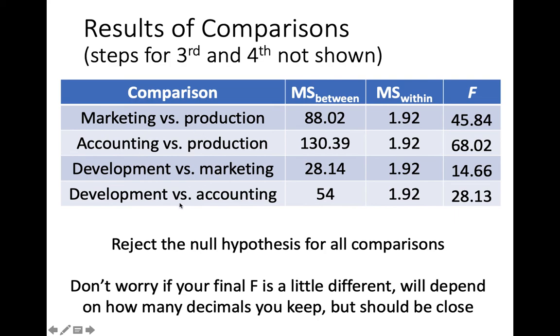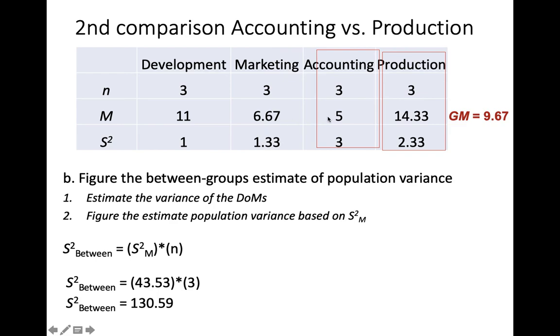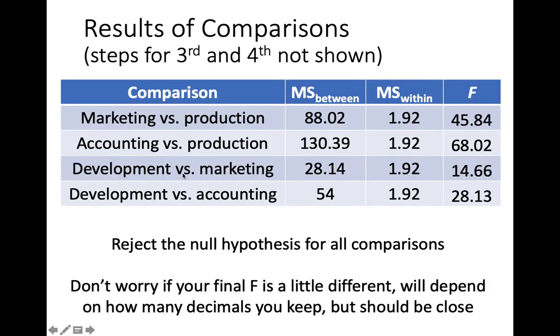It's necessary to say these are significant differences because production has a more favorable attitude than marketing. Production has a more favorable attitude than accounting. Okay. One thing that we didn't test was, I believe, marketing versus accounting. So if you could test that on your own and see if you get a significant difference. Doesn't look like it because the means are pretty close, but that's one that you could test on your own.